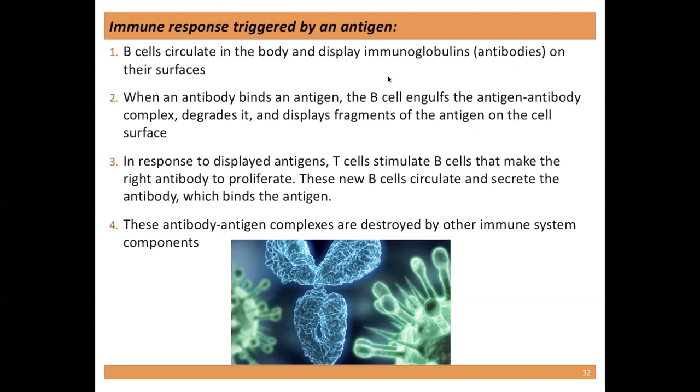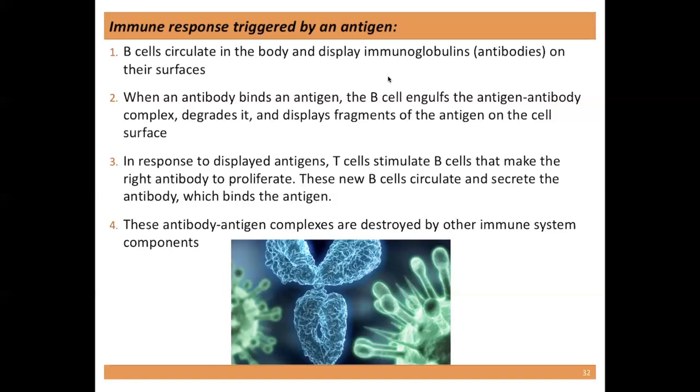So these B cells attack these antigens and engulf them, and then they display these antigens on their side. Well, along will come a T cell, and it will recognize these antigens there, and then it will stimulate the B cells to make more antibodies.